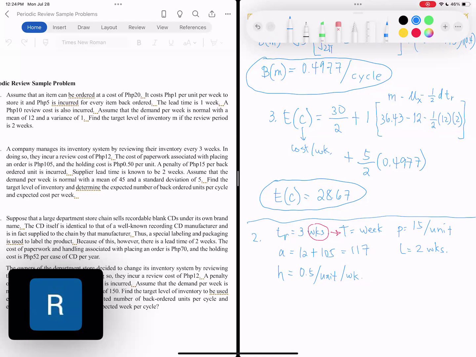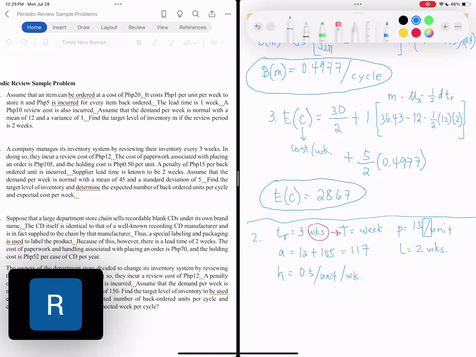I'm the one writing, so I'm providing you with the given, but you just go line by line. Assume that the demand per week, again, is normal. So just like the previous problem, demand per week is normal with a mean of 45.